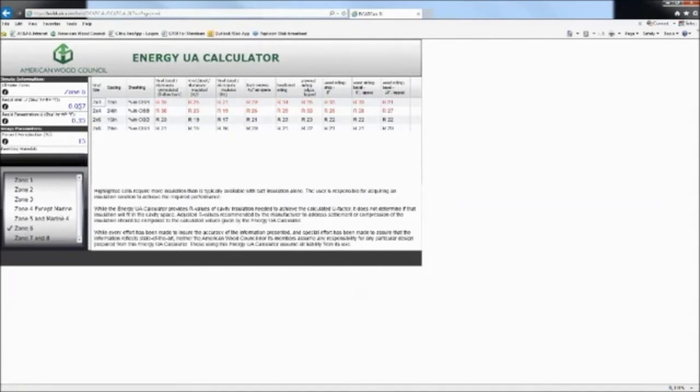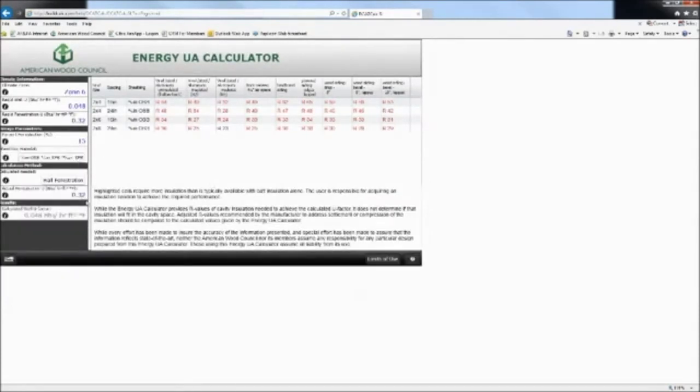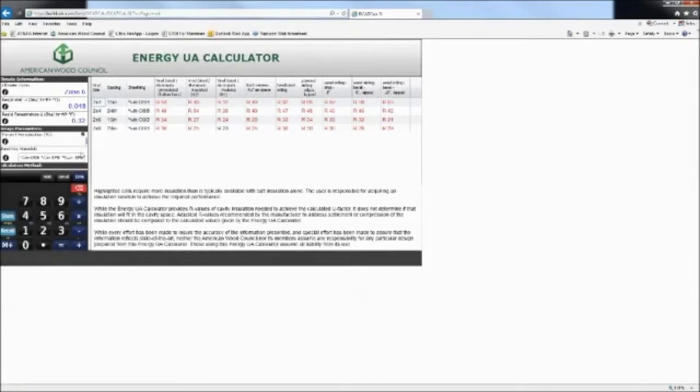I just clicked on climate zone and picked 6, and it gave me an error message saying my values were funny because I picked a climate zone that was significantly more stringent than what I had, and so it adjusted it. So it took care of that for me.